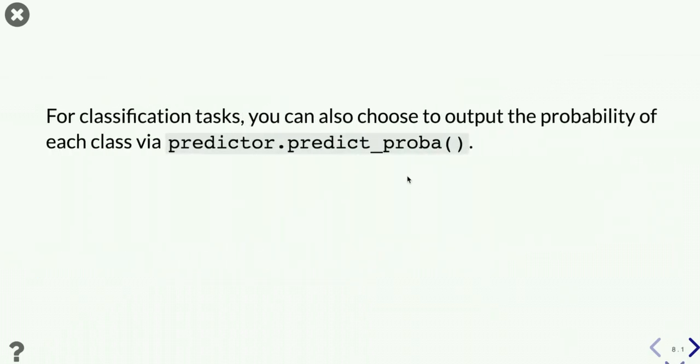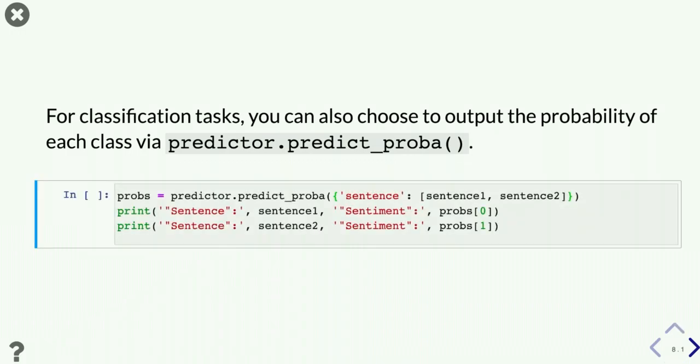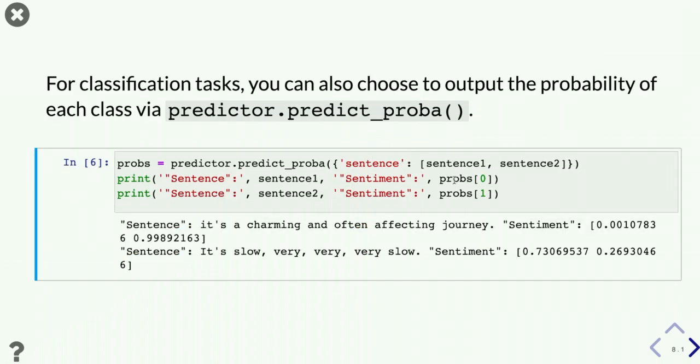For classification tasks, apart from using predict, you can also choose to output the probability of each class via predictor.predict_proba. Here, we use predict_proba and we specify the sentence to be the batch of these two sentences. And let's see the results.